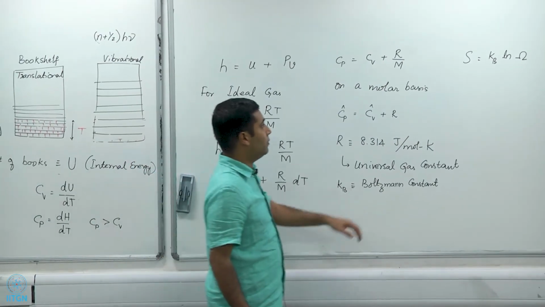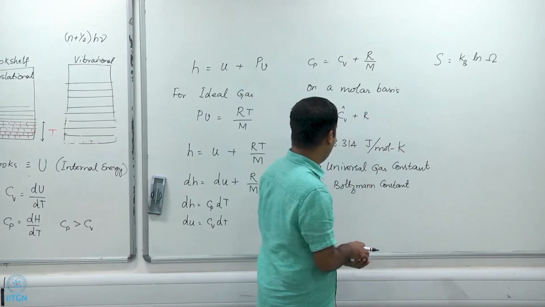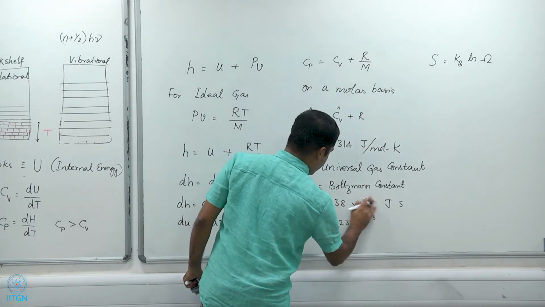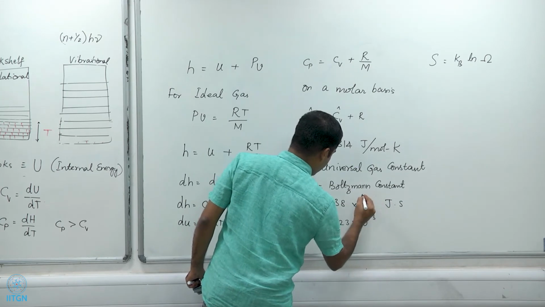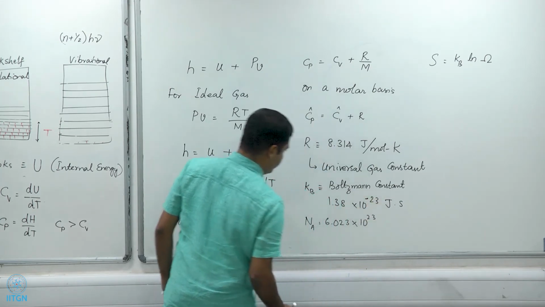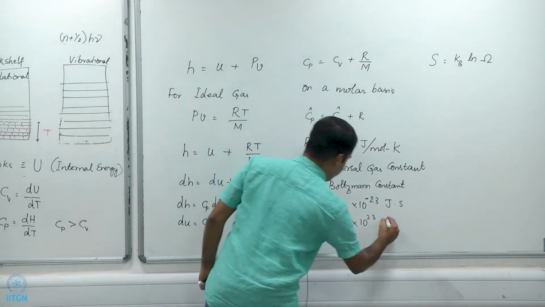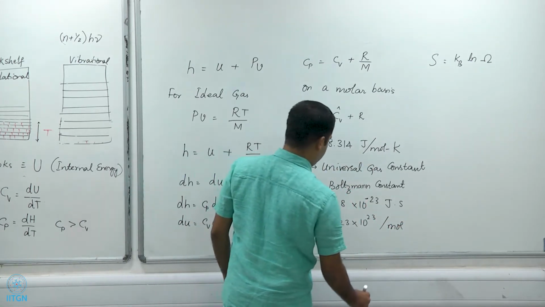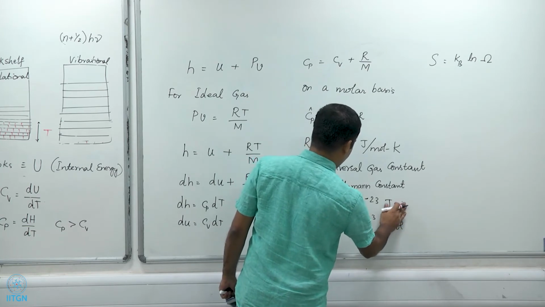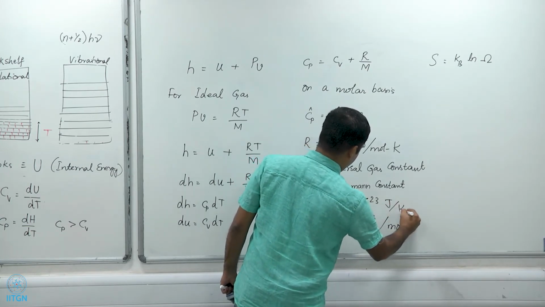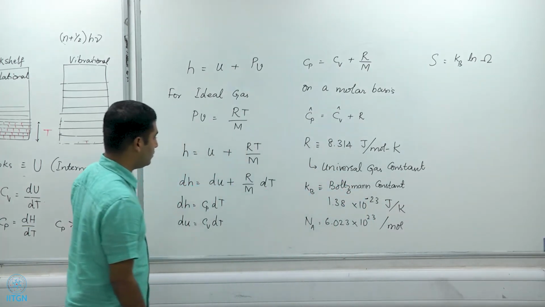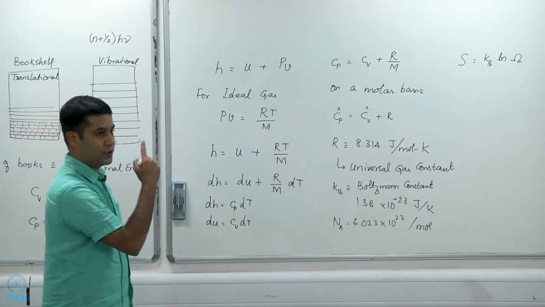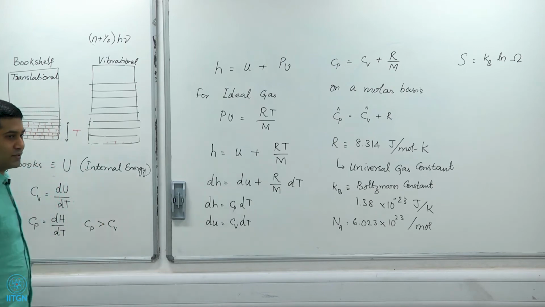So it's a pretty fundamental quantity, and its value is 1.38 times 10 to the negative 23 joule per Kelvin. I was confusing it with Planck's constant.